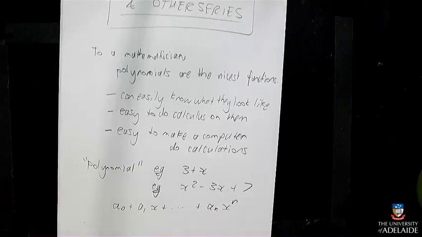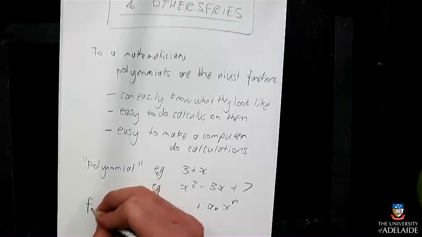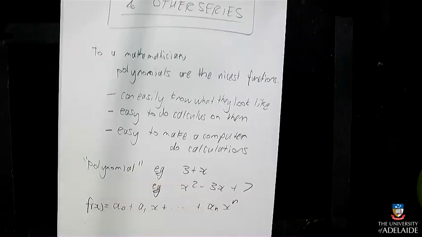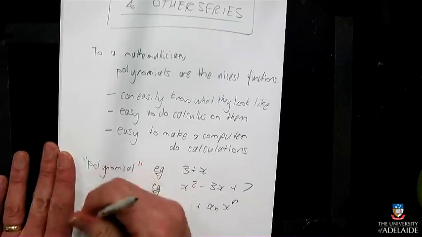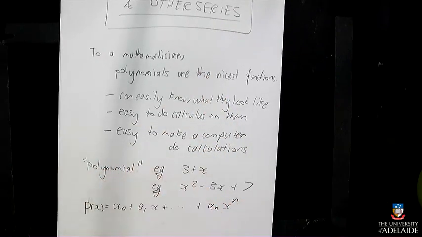That's what a polynomial is, okay? And normally we see them written as a function like that, and normally you write them with a p for polynomial. So they're really nice functions, and it would be good if all functions were like that, but they're not.